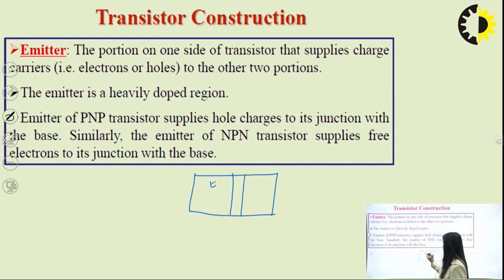This is my emitter, this is my base, and this is my collector, right? So the emitter, if it is n type, let's say, has a number of electrons but few holes. It will provide electrons, and these electrons can cross the junction also, but it needs to emit the charge carriers, right?